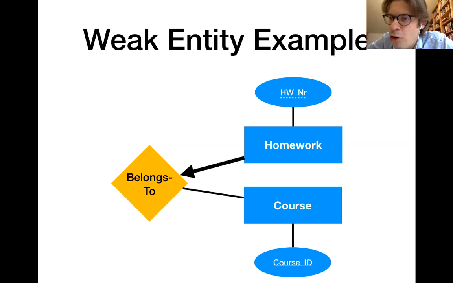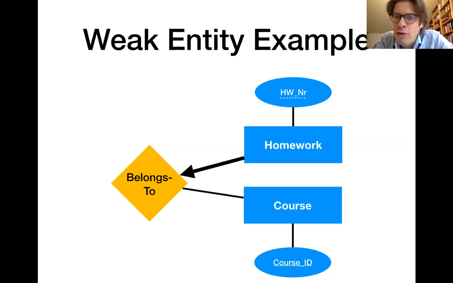So there will be a homework one from multiple lectures. As long as you only store the homework number, it doesn't uniquely identify the entity. This is indicated by underlining the homework number with a dashed line, which is different from the non-dashed line that we use for primary keys.